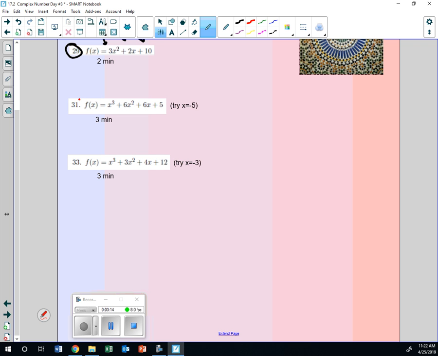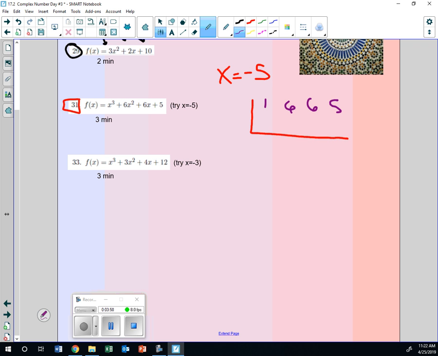And in 31, we're going to be given a hint. That means that x equals negative 5. x equals negative 5 is a factor or root? Yeah, it's a root. So then what you're going to do is try to factor this out of here. The way I like to do it is something called synthetic division, taking the coefficients 1, 6, 6, 5: 1x to the third, 6x to the second, 6x to the first, 5x to the 0.